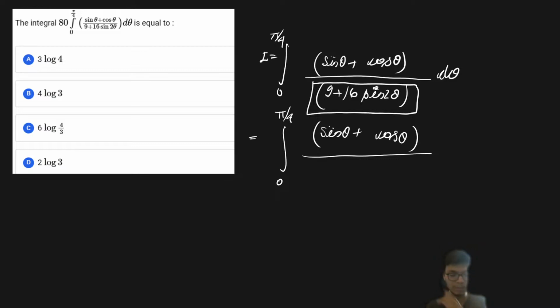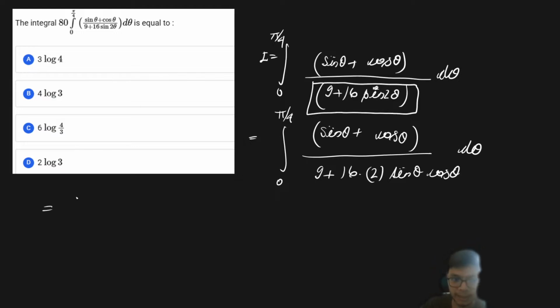Right. So if I do the same expression over here, this particular part is going to be 9 plus 16 times 2 multiplied with sine theta cos theta, and therefore I can do this integration.